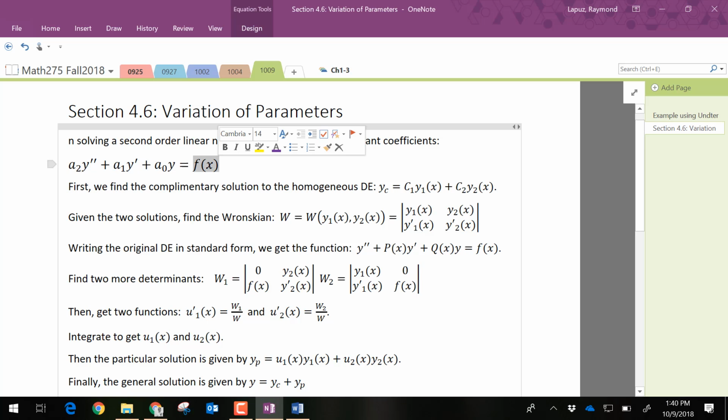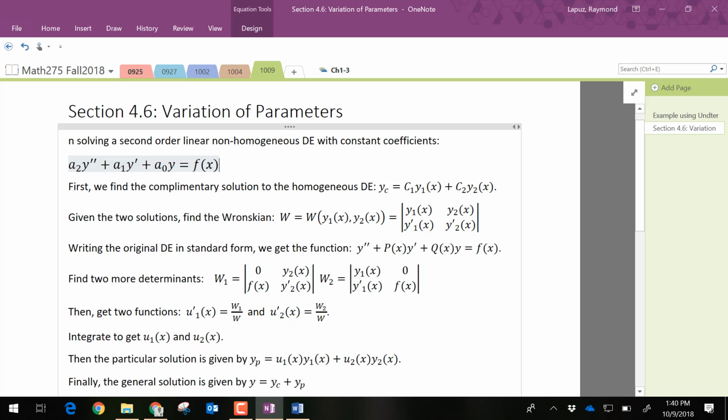And by the way, you can use this for those functions that we already know how to solve for, like e to the x and polynomials and stuff. You can use the idea of the variation of parameters for that as well. Except this is going to be a little bit more difficult to deal with, and it turns out that undetermined coefficients is easier, and so that's why that was introduced first.